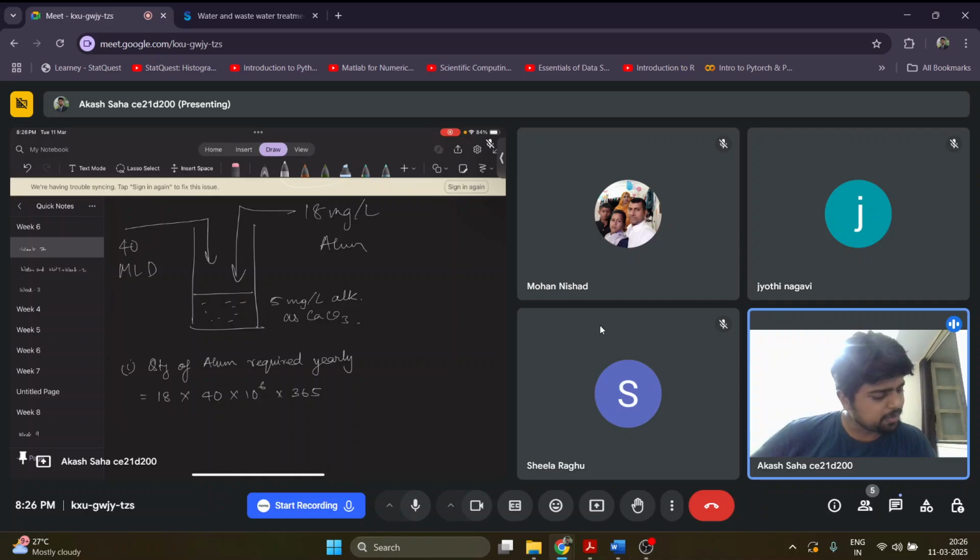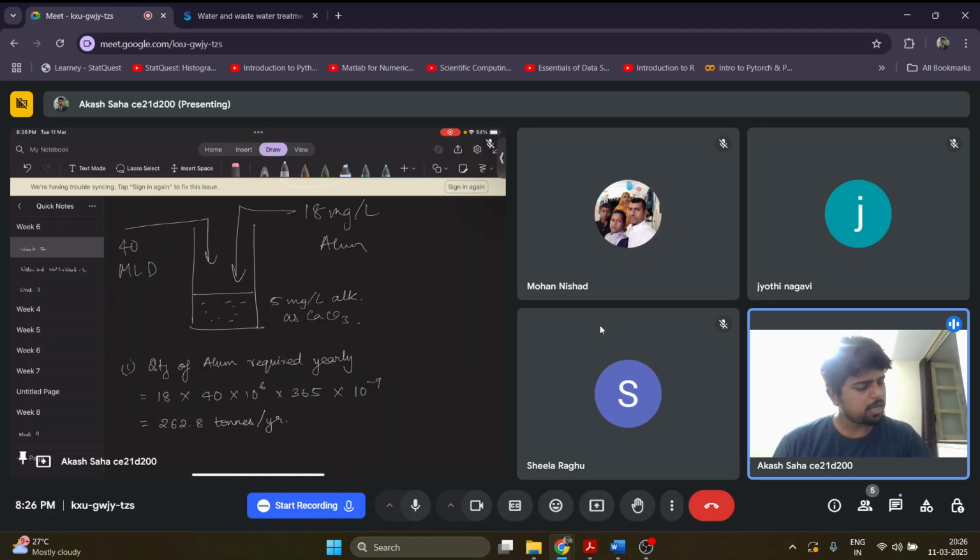Okay, and I am converting everything into tons, instead of kg, so it will be 10 to the power minus 9. So it will be 262.8 tons of alum per year for 365 days. So this much of tons of alum is required.